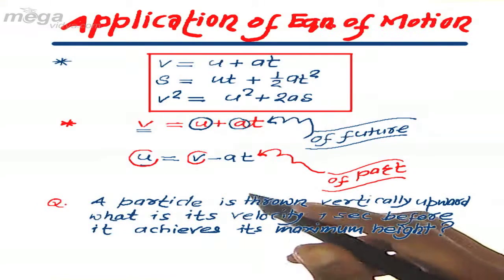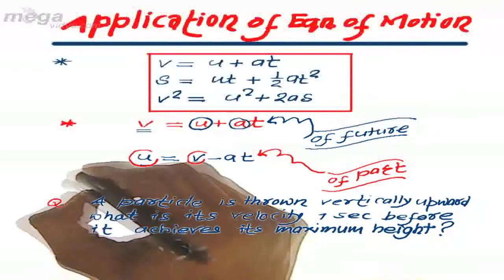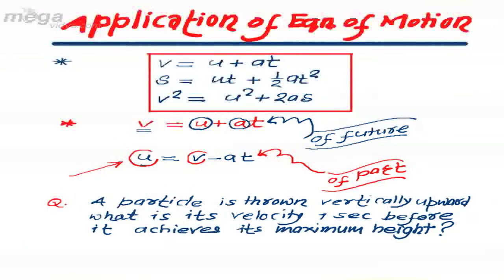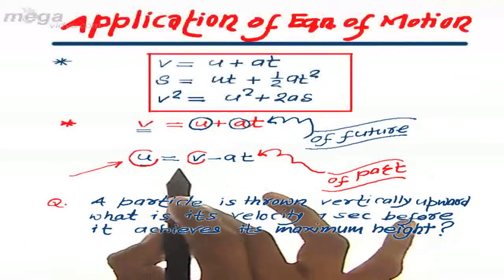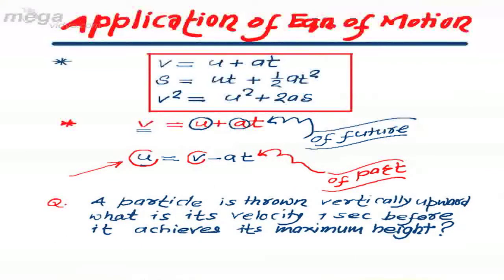Now in this motion, as it is under gravity, acceleration is g, which is 9.8 meter per second square vertically downward. What we have to do is find the velocity 1 second before it reaches its maximum height, and this situation matches completely with my second equation, u equal to v minus at.